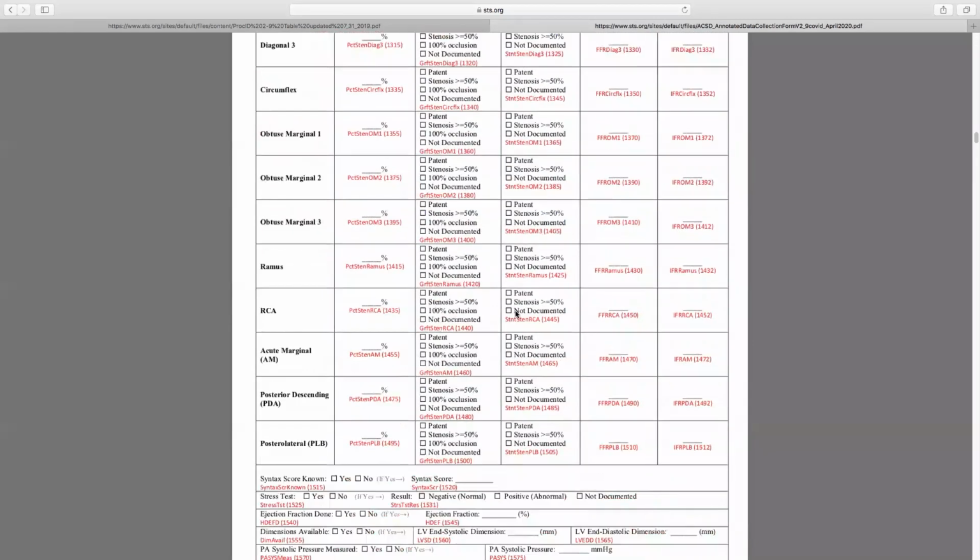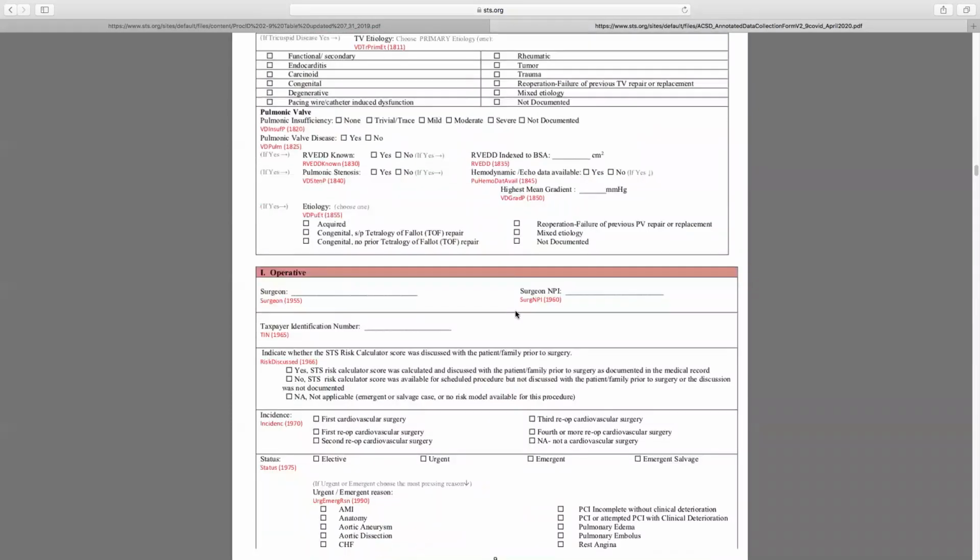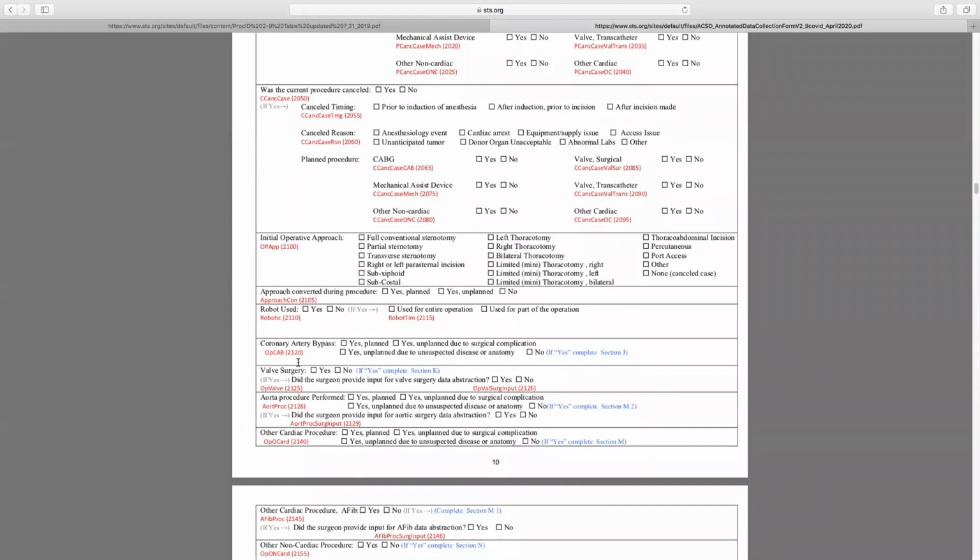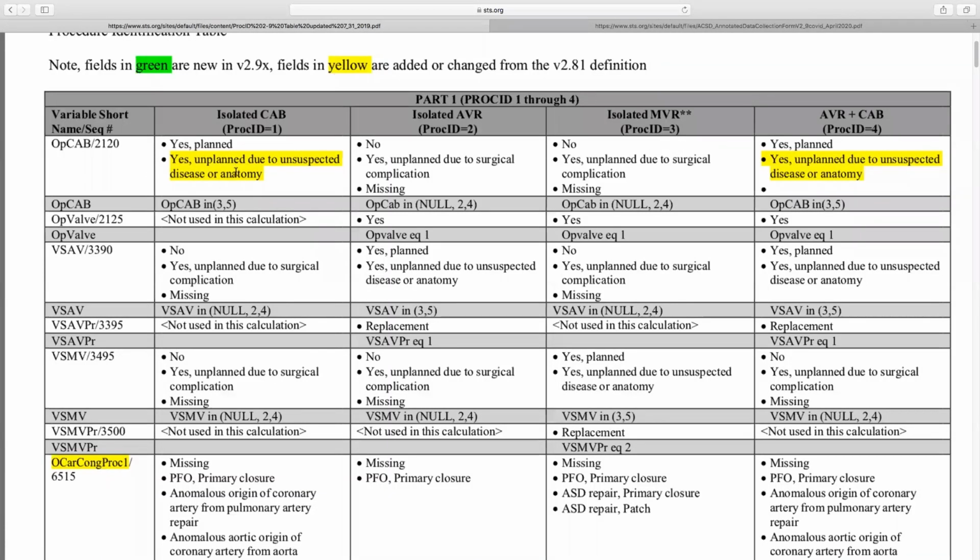Okay, so we have OPCAB 2120. I want to see what those choices are. The choices here are yes, planned, yes, unplanned due to surgical complication, or yes, unplanned due to unsuspected disease or anatomy. So the only choices that would keep this case in the isolated coronary artery bypass group are yes, planned, or yes, unplanned due to unsuspected disease or anatomy. So that would keep it here.